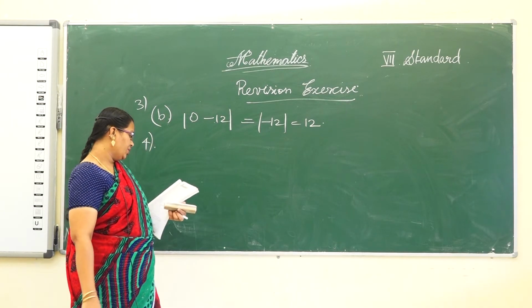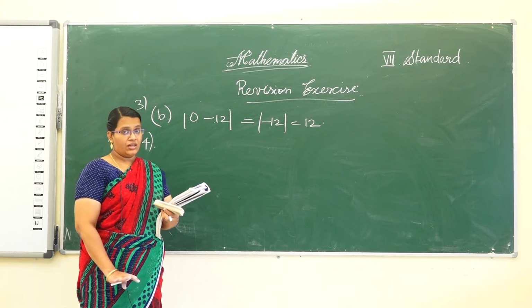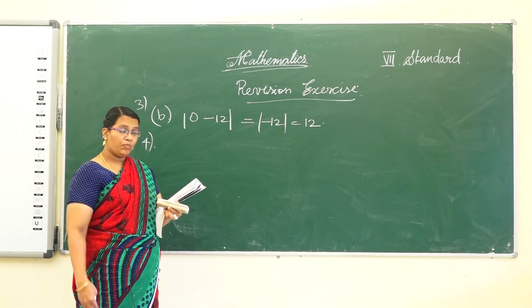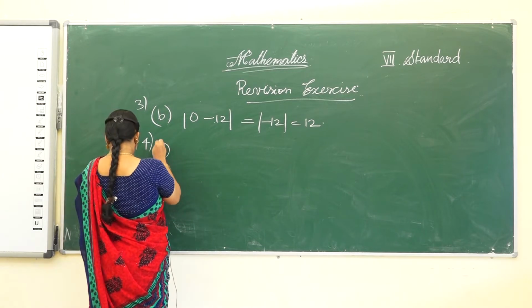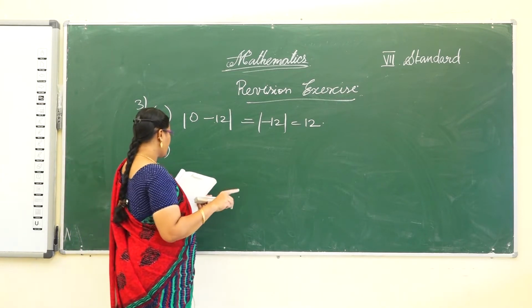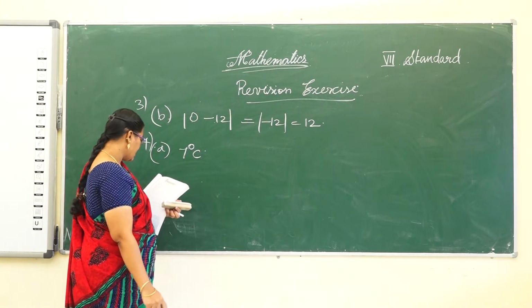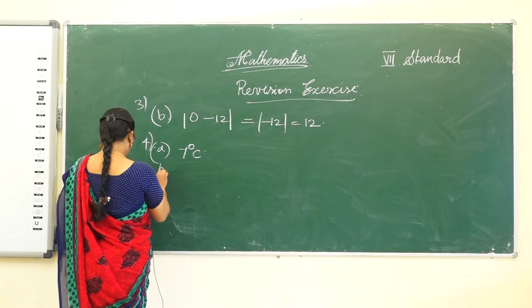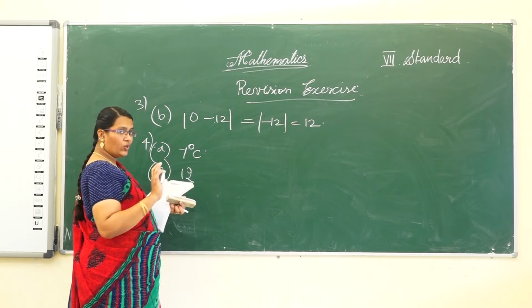And then the fourth one, which temperature is higher? Already you know all the positive values are greater compared with the negative values. So first option A, minus 7 degrees Celsius or 7 degrees Celsius. The answer is 7 degrees Celsius. And second one B, the greatest value is the higher temperature, only that is asked.